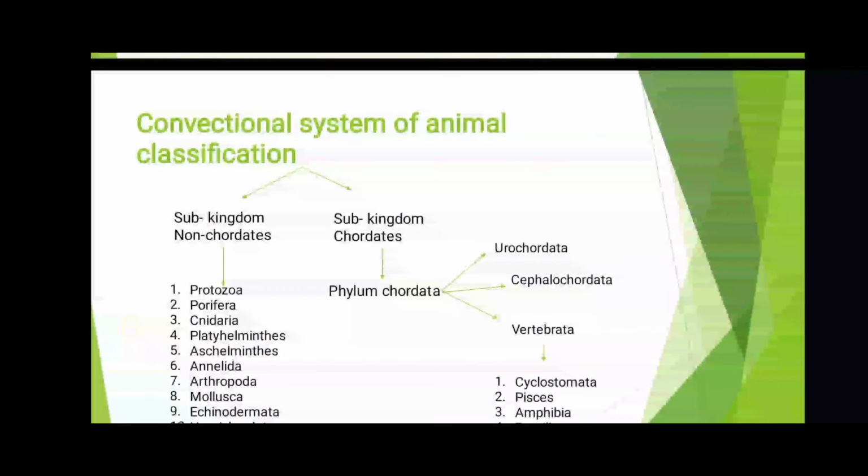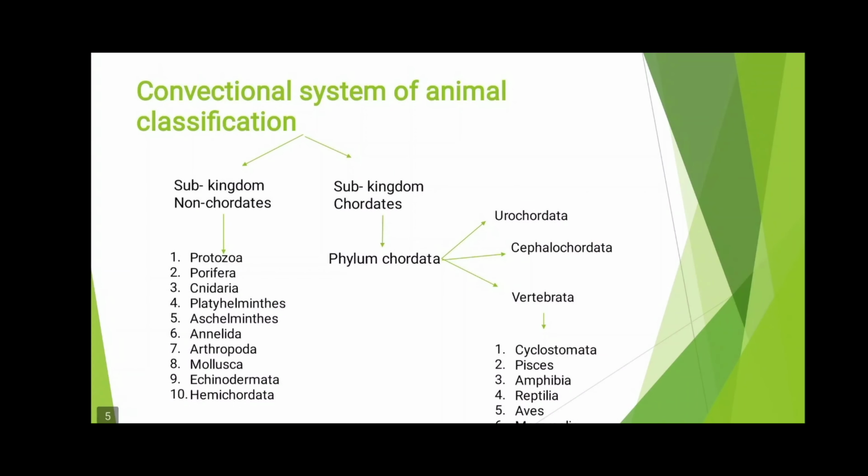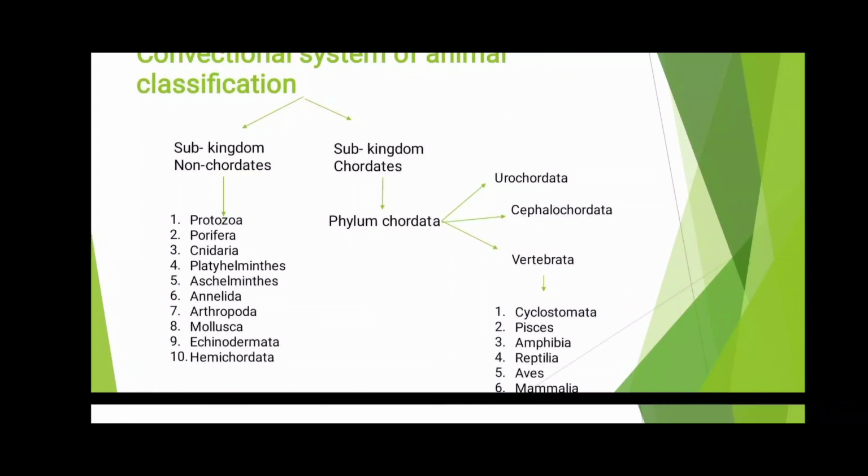These animals are triploblastic, bilaterally symmetrical, and coelomate. Remember the examples of this phylum: earthworm, leech, Nereis. Understood?